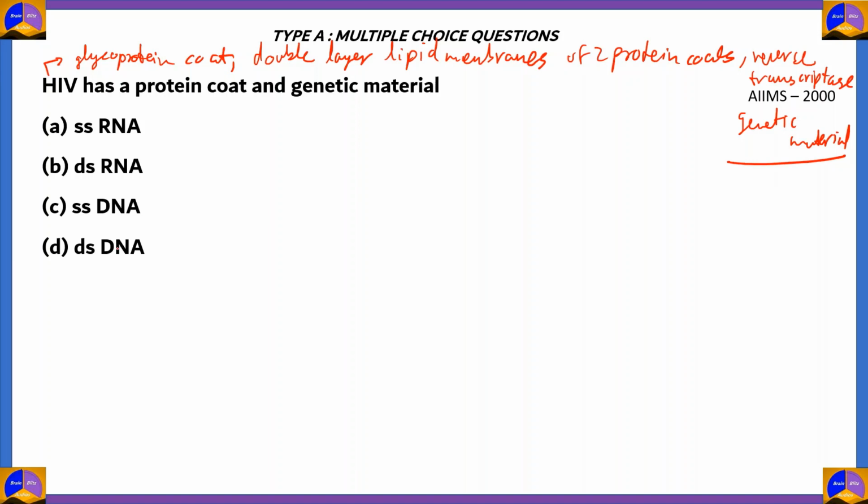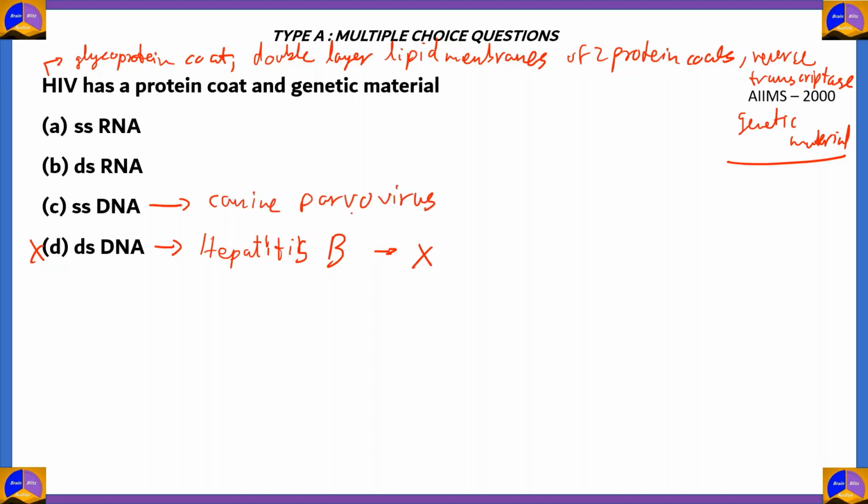Let's look at each of our options. Option D, double-stranded DNA. Double-stranded DNA is found in viruses such as hepatitis B, which is not a retrovirus, so option D is incorrect. What about option C, single-stranded DNA? Single-stranded DNA is found in viruses such as canine parvovirus.